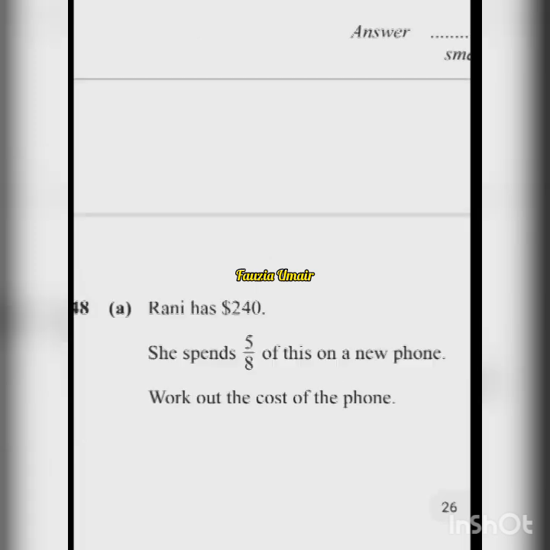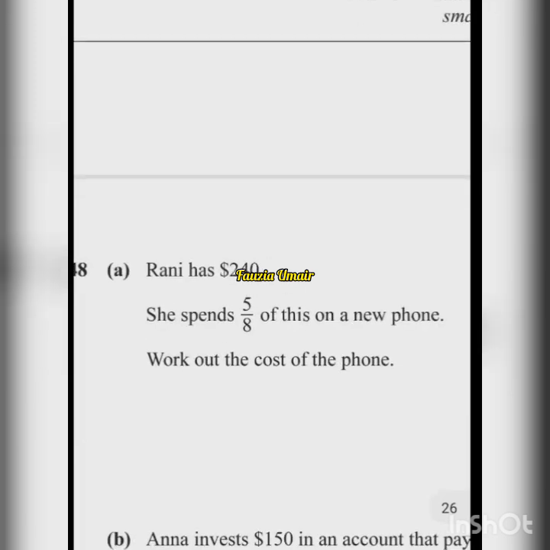Okay. So then the 48th question. Rani spent $240. She spends 5/8 of this on a new phone. So you need to find out the price of that phone.